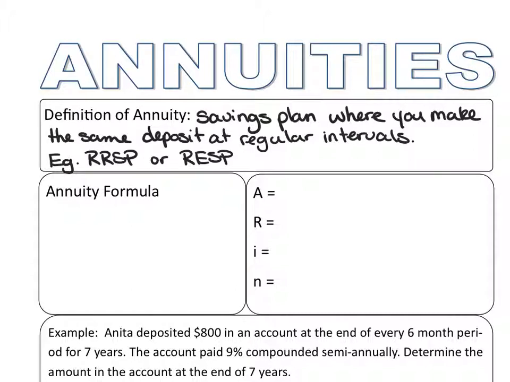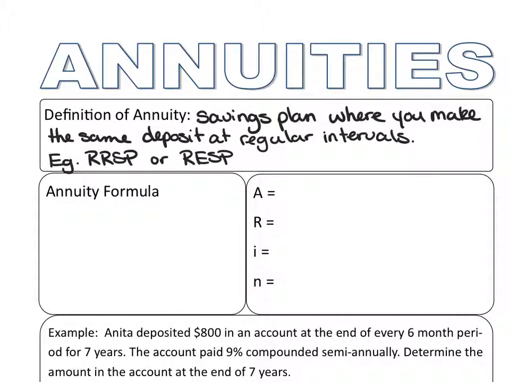And it's kind of nice because if you let it sit for a long period of time and you just keep adding a little bit of money at a time, you end up with a lot. The interest tends to be higher, and you end up with a nice retirement plan at the end that you can withdraw from, or an educational plan that you can pay for college or university with.